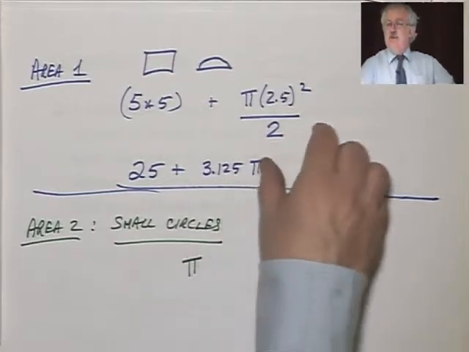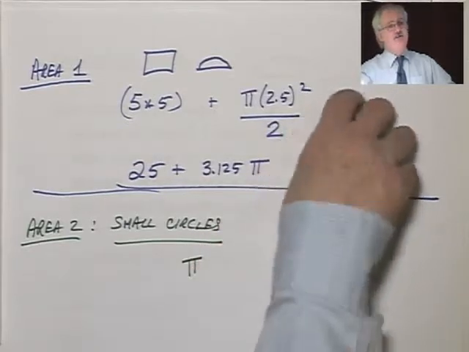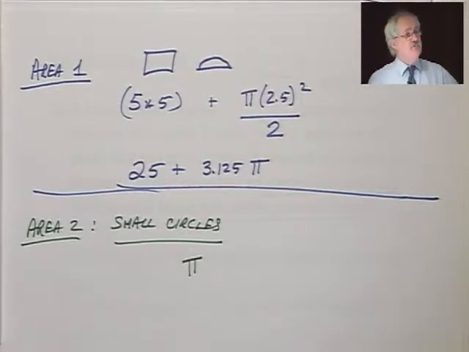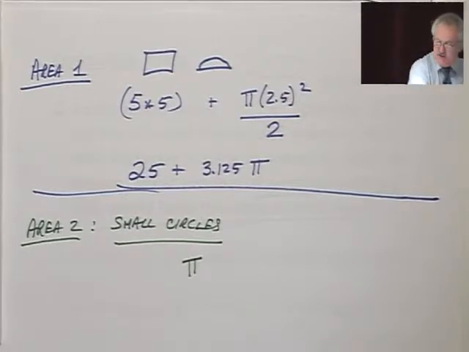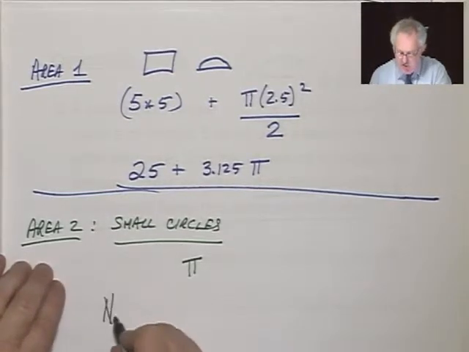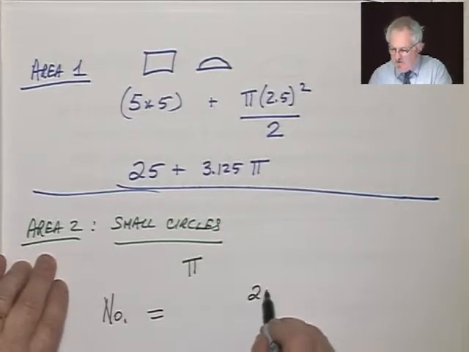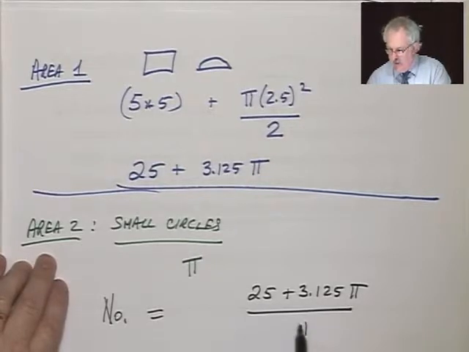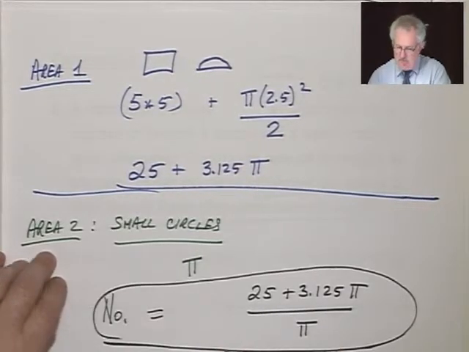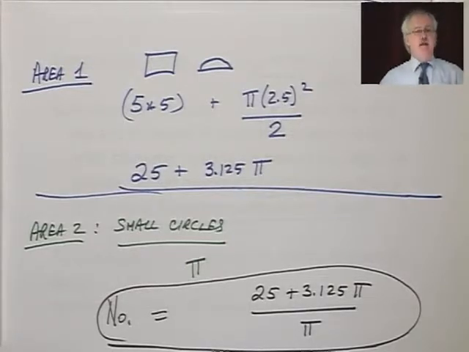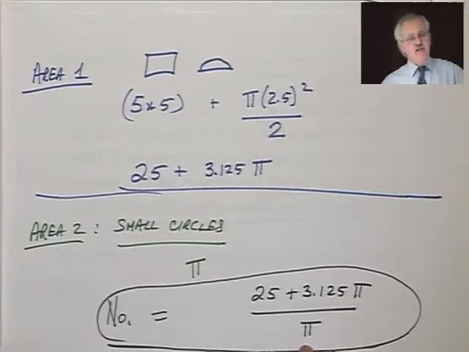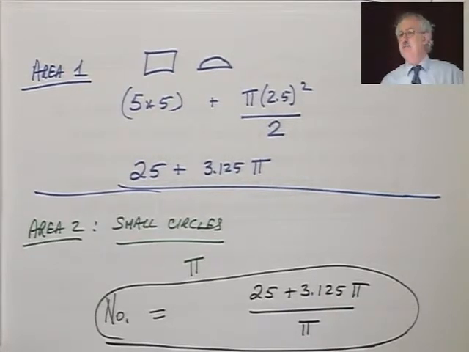How many of those can go into those? How do you find how many of something go into something else? How many 2s in 6? 3. How many 5s in 100? 20. How do you do it? Just divide. So the number involved will be 25 plus 3.125 pi, over pi. That will give you your answer to the nearest number. Pi is on your calculator, 3.125 is on your calculator, this pi is on your calculator, and you get your answer. Is that okay?